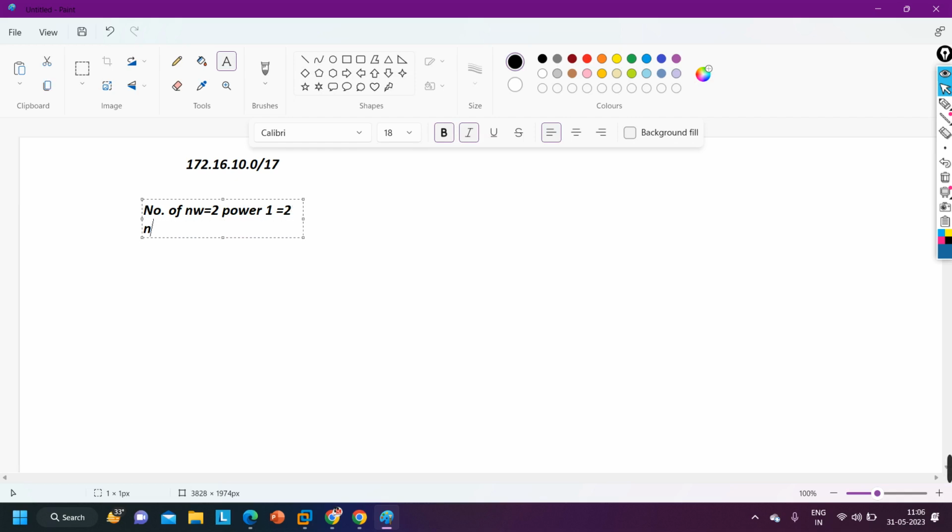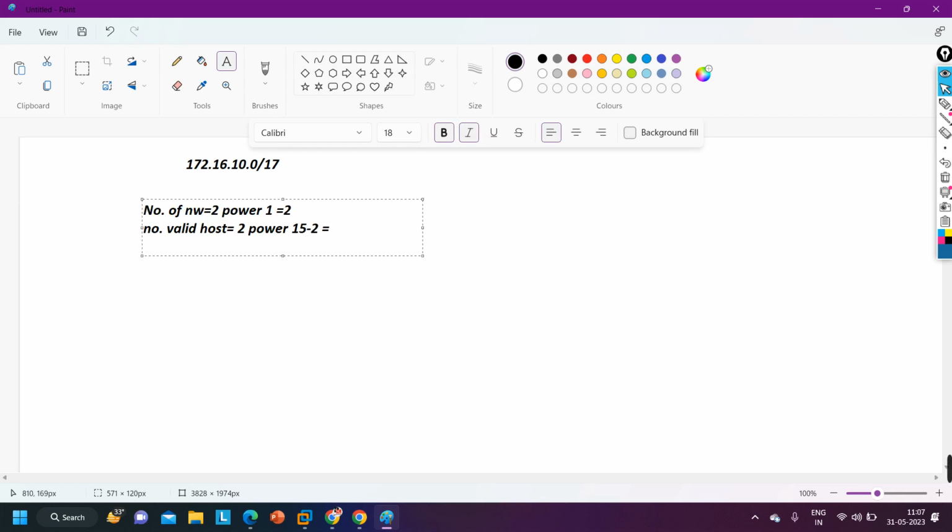After that, the number of valid hosts will be 2 to the power h minus 2. What is h? Not 7. Out of the 32 bits of the IP address, 17 bits are network bits, so h is 15. Is it clear to everyone? And minus 2.